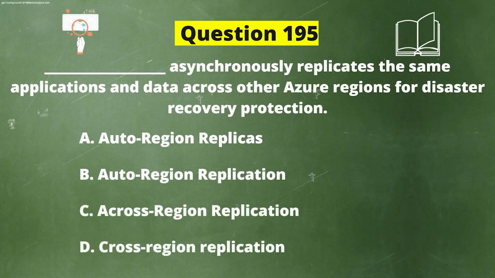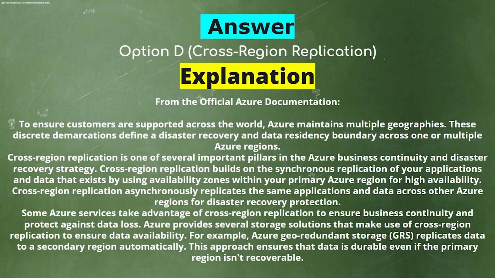Cross-region replication. Explanation. From the official Azure documentation, to ensure customers are supported across the world, Azure maintains multiple geographies. These discrete demarcations define a disaster recovery and data residency boundary across one or multiple Azure regions.